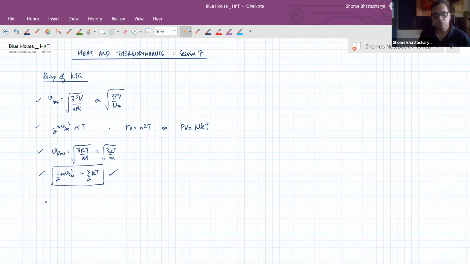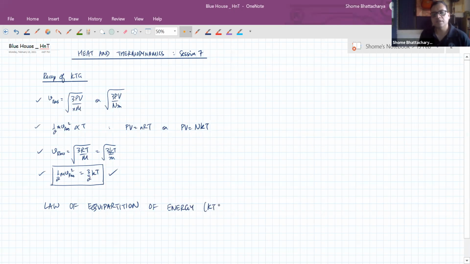Now moving on to something called the law of equipartition of energy. Very important in the derivation of first law, especially later. So law of equipartition of energy. It's basically a continuation of kinetic theory of gases and the concept of degrees of freedom.